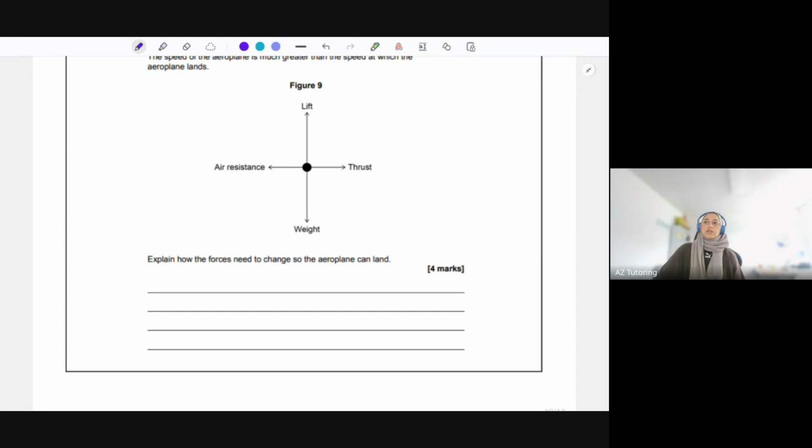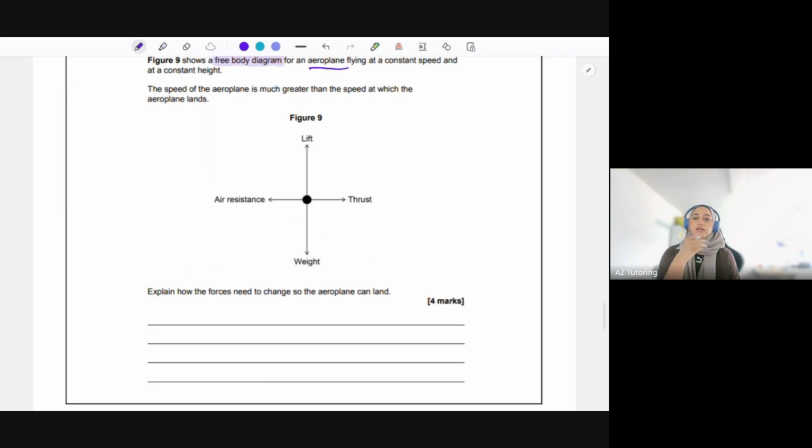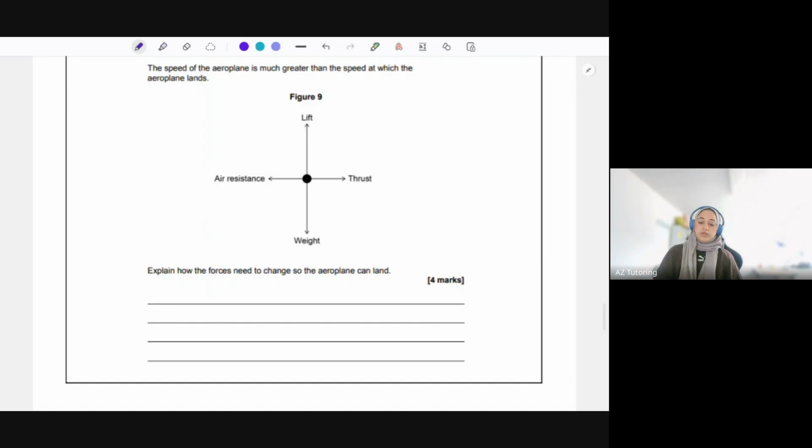So when an airplane's landing, think about it, you need to go down. Now, you can't change the weight of an airplane. You can't exactly chip away the mass when the airplane's at height. So because we can't change the weight and we need the plane to go down, we need the resultant force to be overall down.